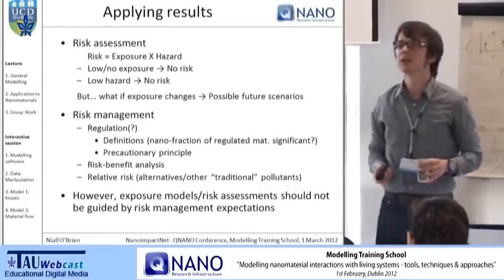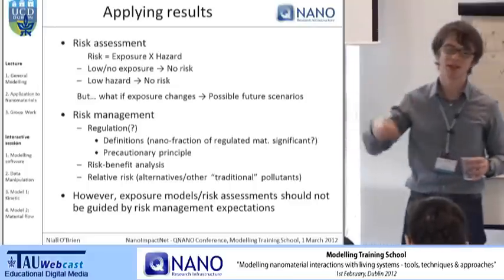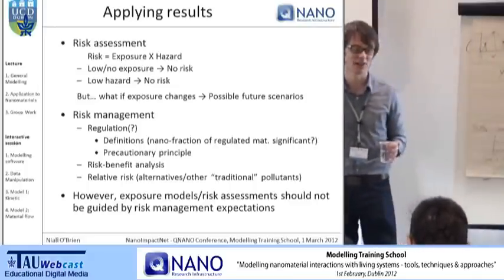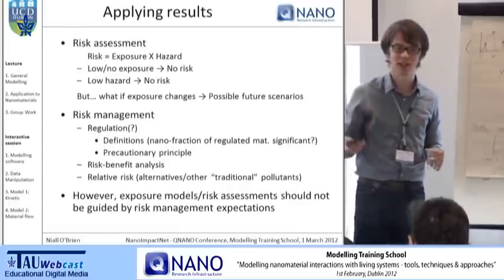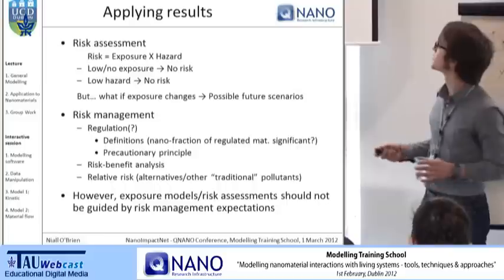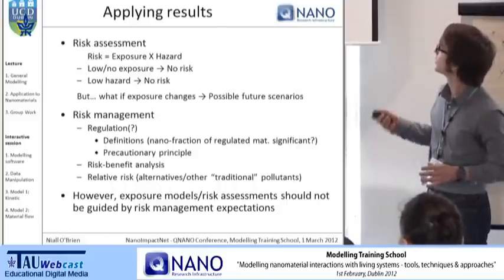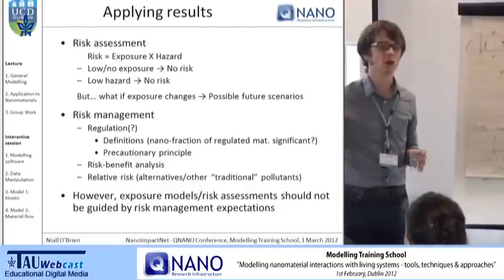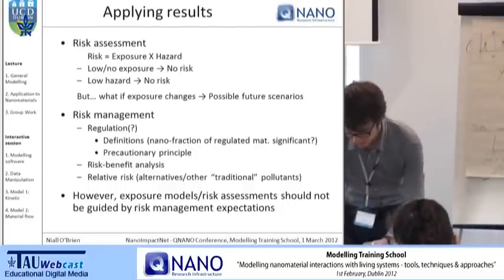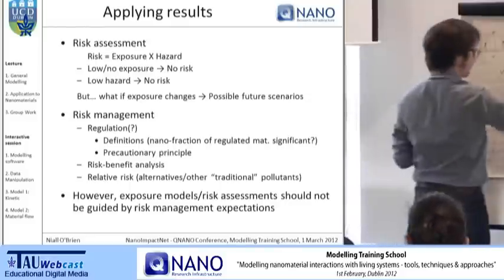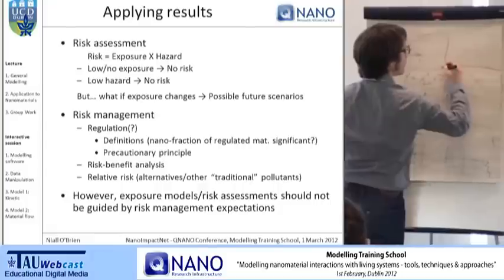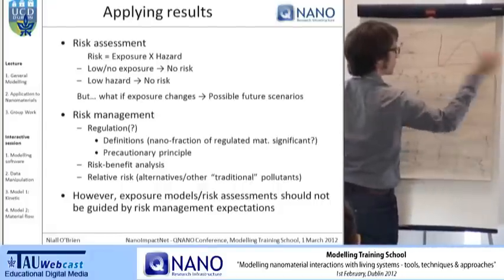And then another element that is important is the definition again. If you're involved in any kind of nano testing, regulation, anything to do with nanomaterials, the definition is important. You've got to think the nano fraction of materials is already regulated. So this nano tail of a material, this may be the size distribution of a material.